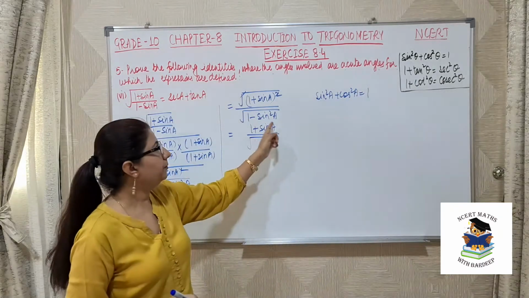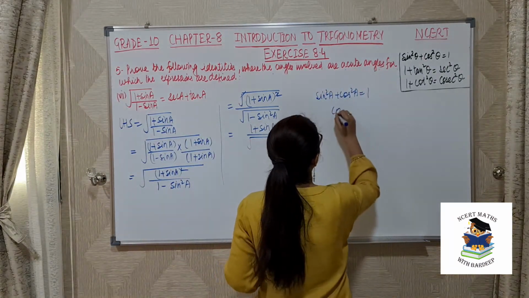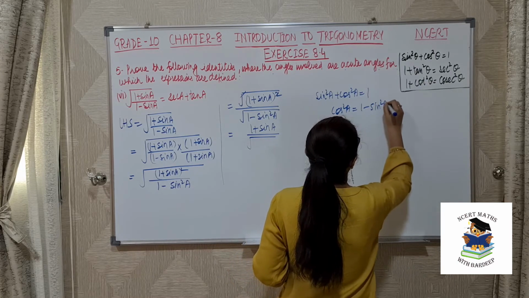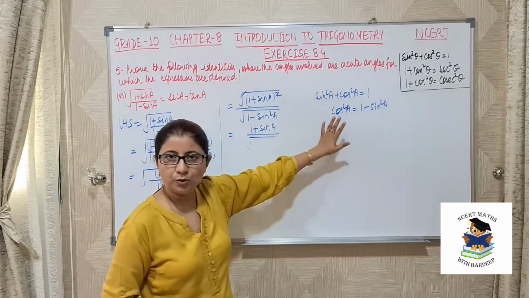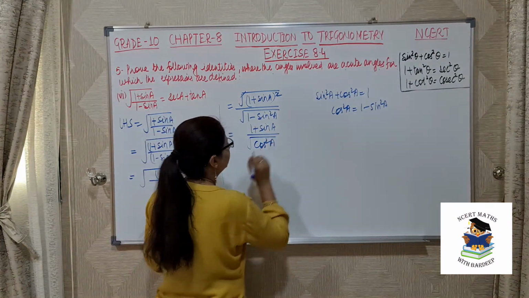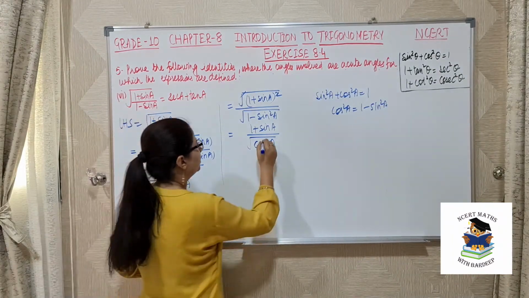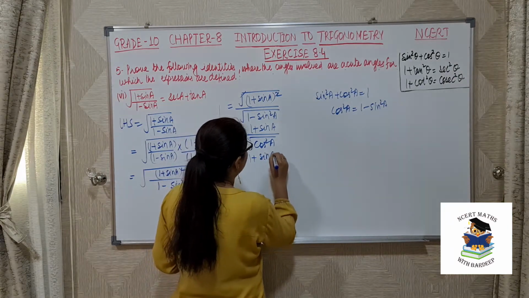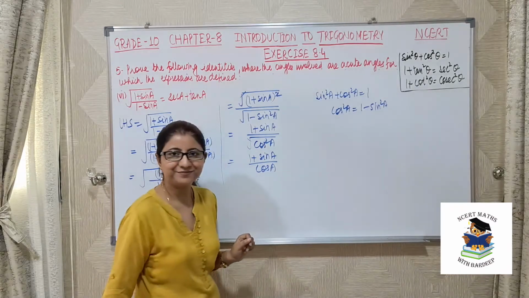So what should be 1 minus sin square A? I'll shift this term to the other side. So this will be equivalent to cos square A. Okay. So 1 minus sin square will be equal to cos square A. So let's write it here. So this is cos square A. Again we have a square and this is a square root, so this will be cancelled. So we are left with 1 plus sin A divided by cos A.